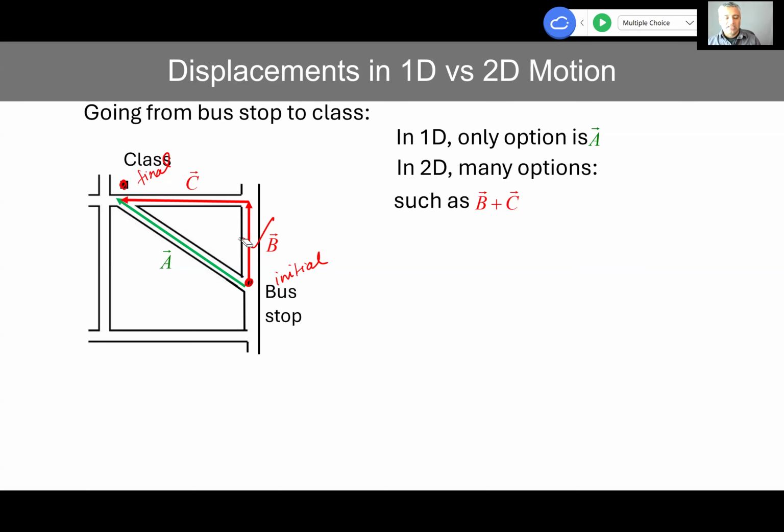So now what is your displacement? Displacement is always from initial to final, isn't it? Straight line from initial to final. So displacement is still A.